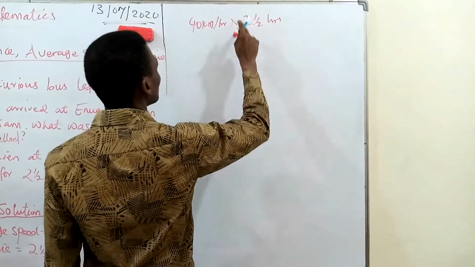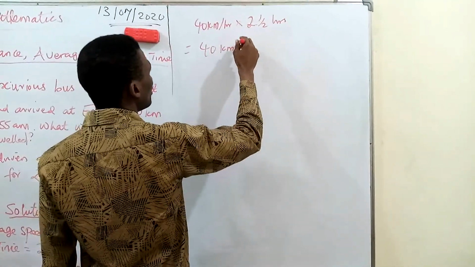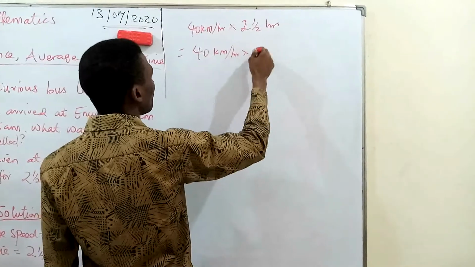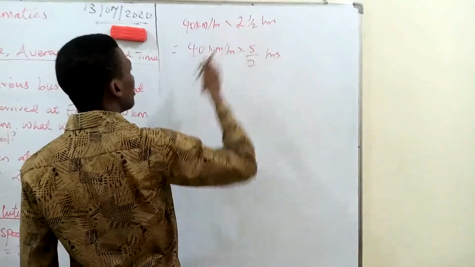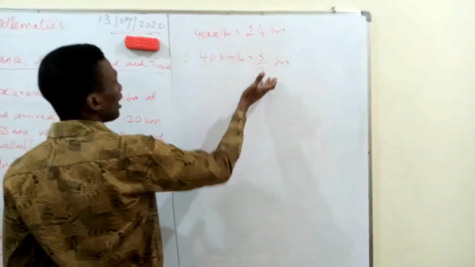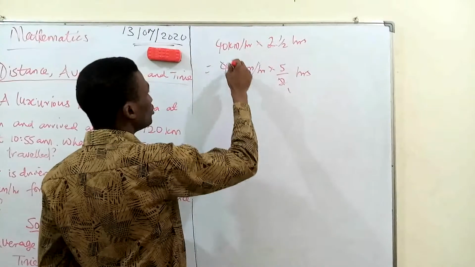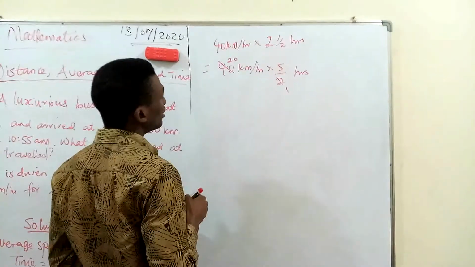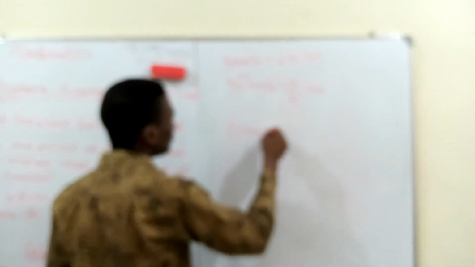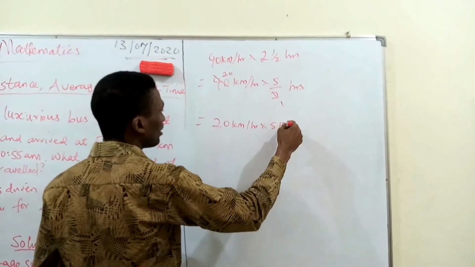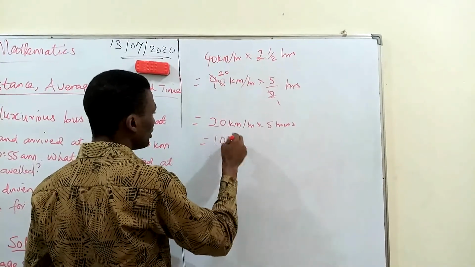So this will give us 40 kilometers per hour times 5 over 2 hours. We have 5 over 2, that's an improper fraction. 2 into itself is 1, 2 into 40, we have 20. So we are now left with 20 kilometers per hour times 5 hours. 20 times 5 is 100.